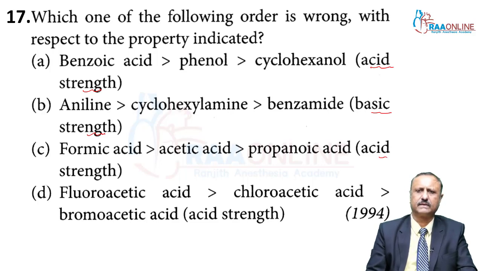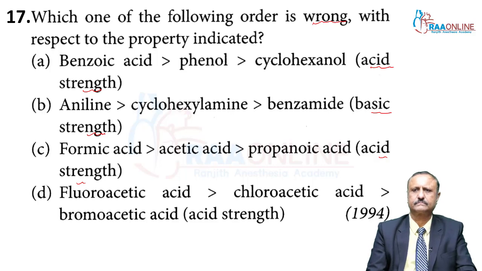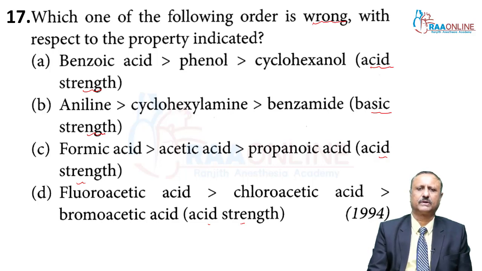For the acid strength of formic acid, acetic acid and propionic acid, it is a correct order. But they want us to write the wrong order. If you identify the right orders, then you can choose the wrong one. Here acid strength of fluoro, chloro and bromo is also correct. This correct and this correct, so both are not the answer. Here we can see A and B, my dear students.